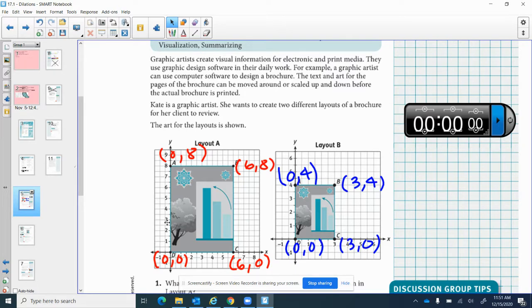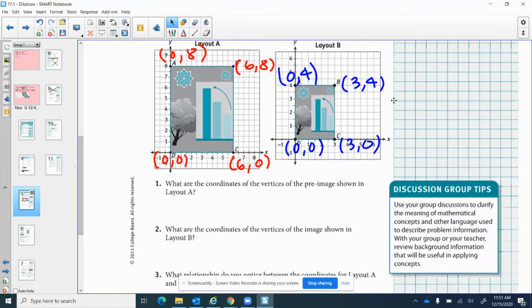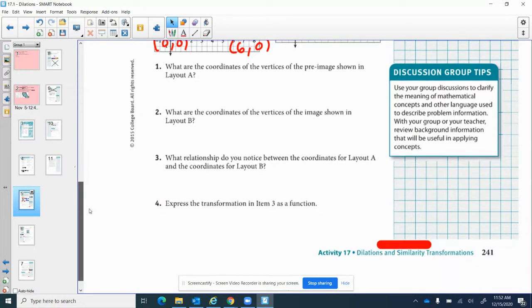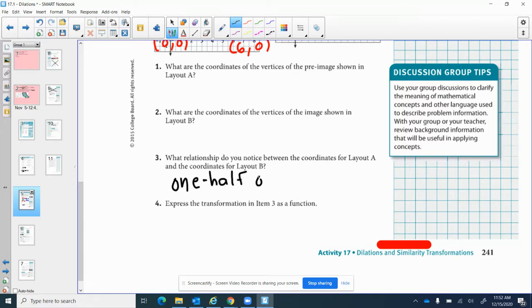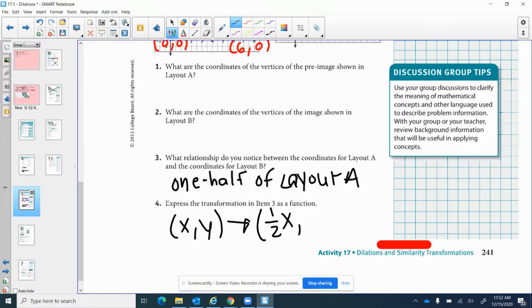So what we're noticing is that we are making the coordinates in layout B half of what they were in layout A. So if we were to write the function rule to describe this, they are 1/2 of layout A. Our function rule then would be saying, okay, we're taking our coordinates and we are multiplying them by 1/2, or that's the same idea as dividing by 2 to get our new coordinates location.